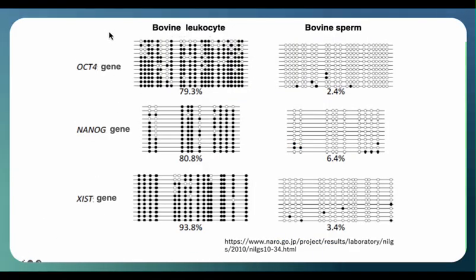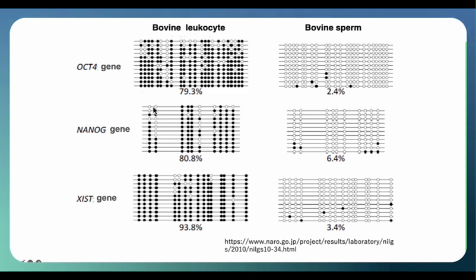This data shows the analyses of CpG methylation for the OCT4, NANOG, and X-ISD genes in white blood cells. On the other hand, sperm is a reproductive cell. Black circles indicate methylated CpG sites, while white circles represent unmethylated sites.